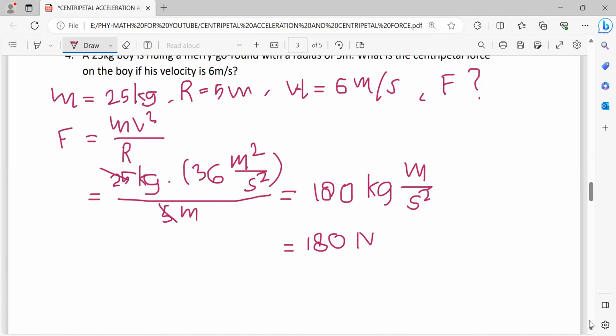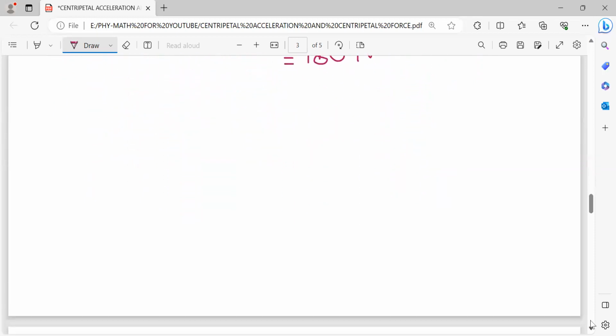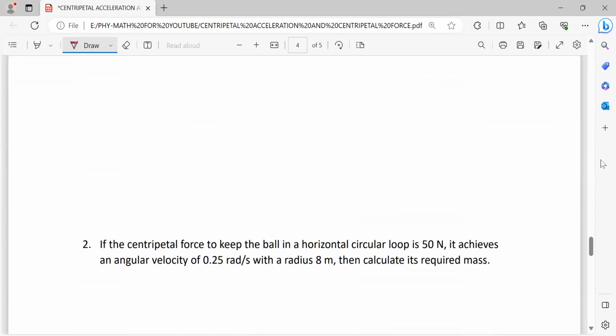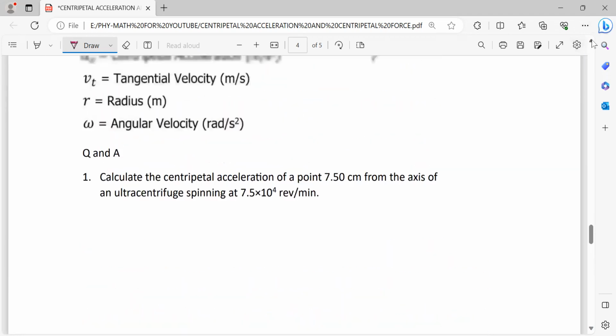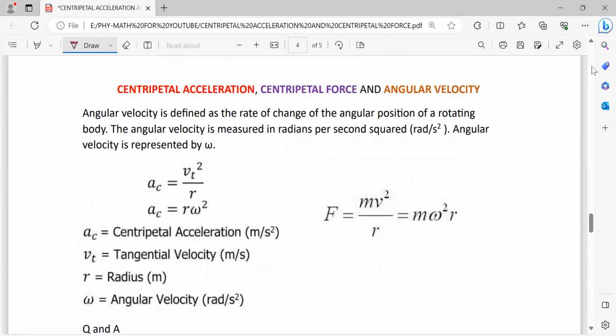Next, centripetal acceleration, centripetal force, and angular velocity. Now we're going to discuss angular velocity with centripetal force and centripetal acceleration. As I explained, in centripetal force and centripetal acceleration there is angular velocity inside the formula.